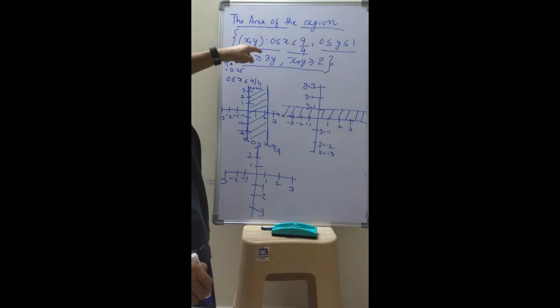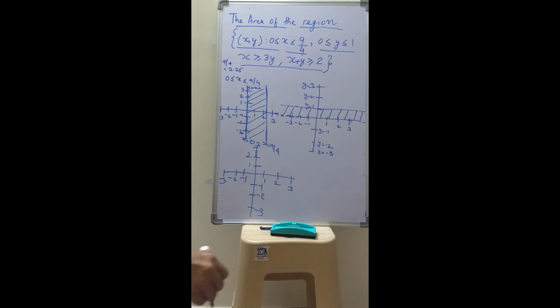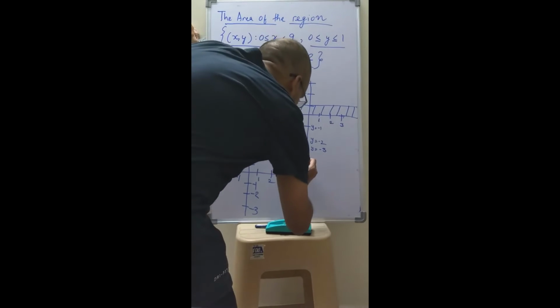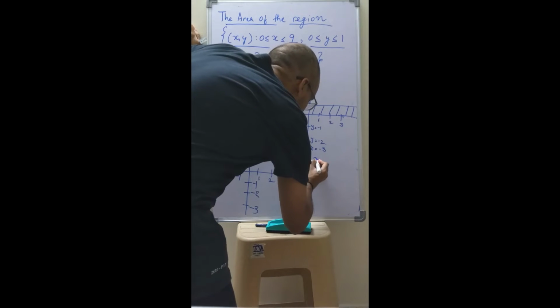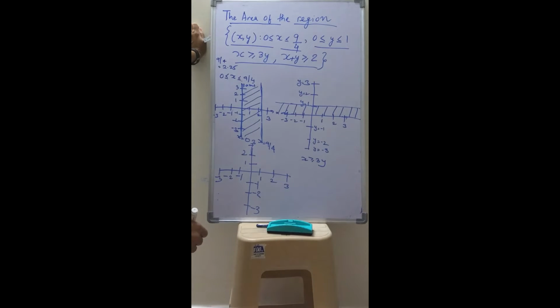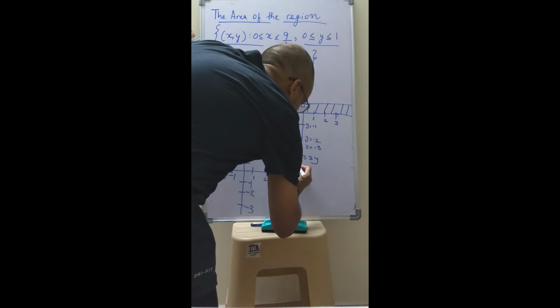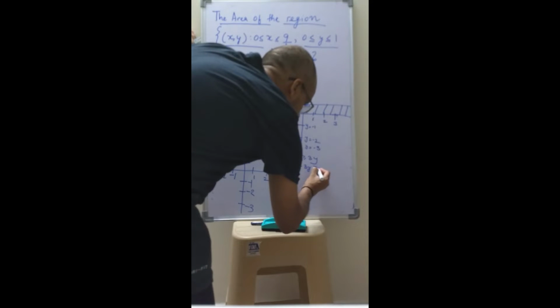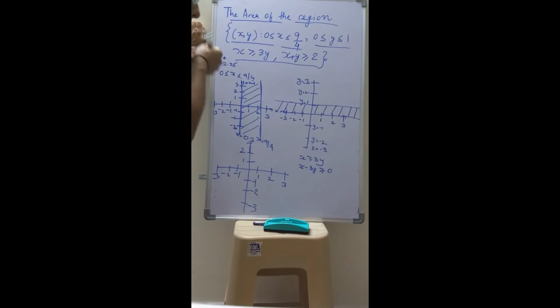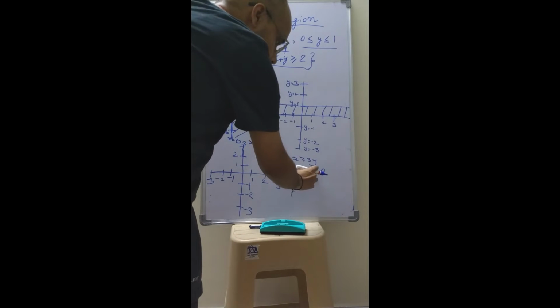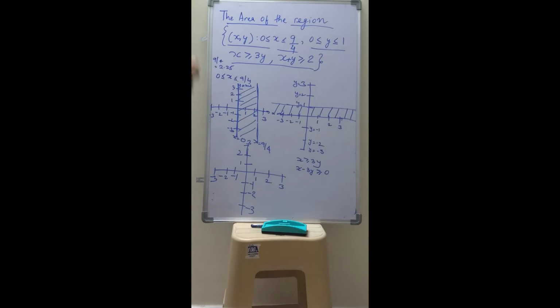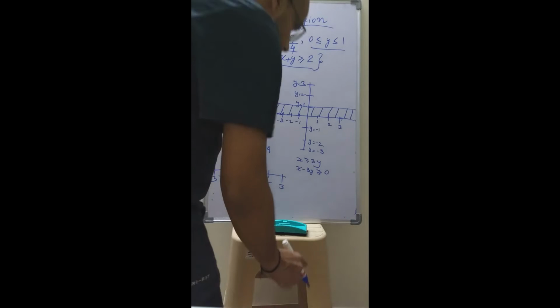Now what does the equation say? x is greater than or equal to 3y, right? So you can also represent it as x − 3y ≥ 0. So basically you have to find the area which represents x − 3y ≥ 0, right?